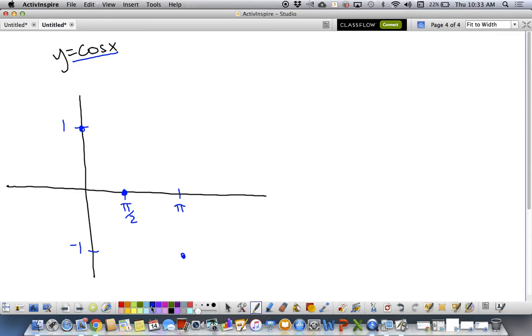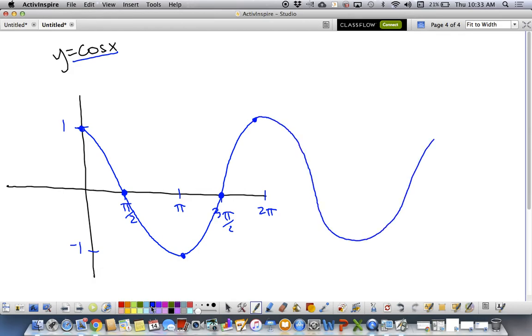Then it goes back up to 3 pi over 2, and then back up to 1 at 2 pi. If we were to graph this, we know that it would continue, yes? It's going to keep going back to the left in that direction too.